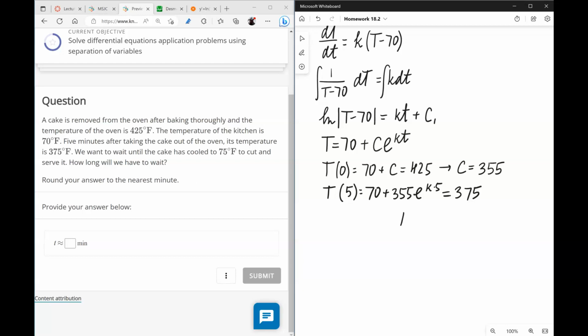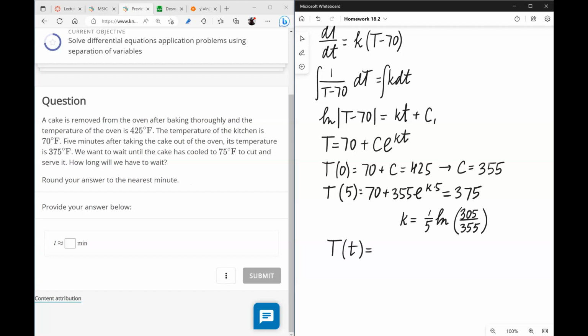Then we solve it for k. k will be equal to 1/5 ln of 305 divided by 355. That's my k.